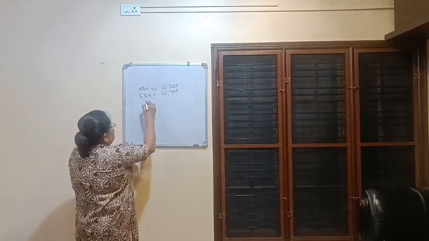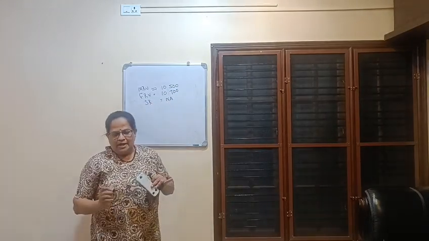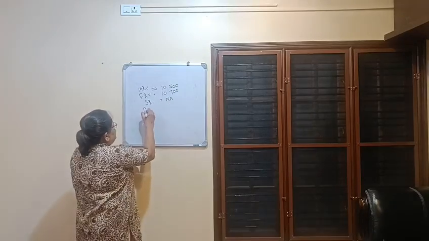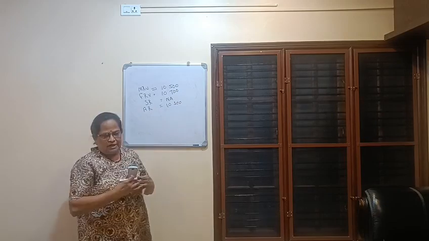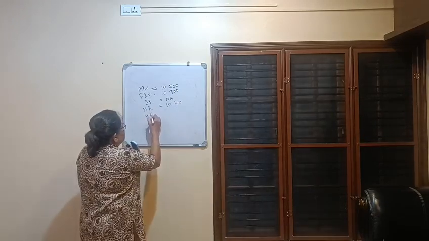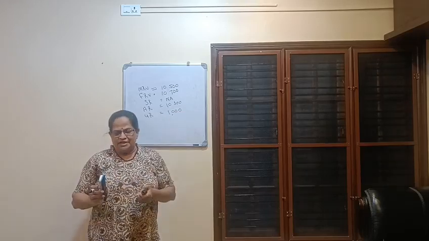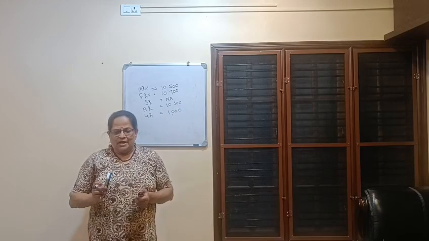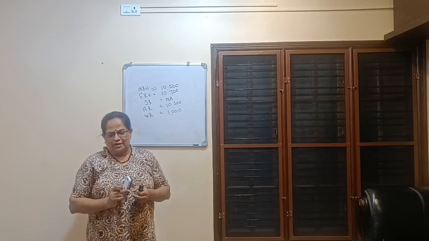Standard rent is not available. Annual rent is 10,300. Unrealized rent is 1,000. So in this problem I want to give the adjustment for unrealized rent. And duration of the previous year is 12 months and vacancy allowance is not there.